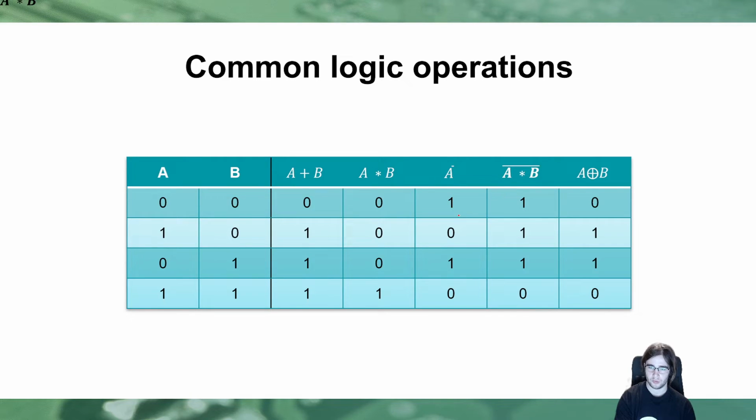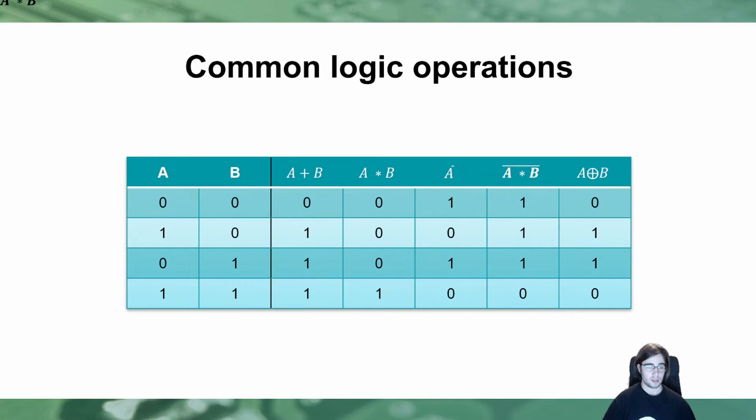Not A is only true if A is false. Not A and B is just shown so that you can write it this way: you can put the line above sections and negate the whole section. So not A and B is just the opposite of A and B, basically A and B, but every true turns into a false. It just negates the whole thing. And here is written again A XOR B. That's just how that works.